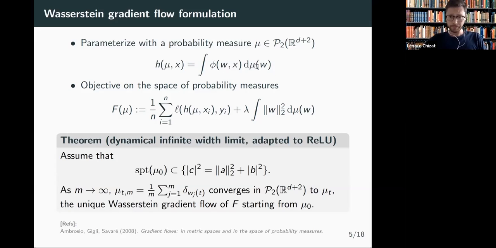In turn, this will define a novel objective function on the space of probability measures, which is again the loss of our predictor, now parameterized by our probability measure mu, plus potentially a regularization, which now just becomes the second moment of the measure mu. So this objective function F is our new objective, and it takes as a parameter a probability distribution, which parameterizes our neural network.